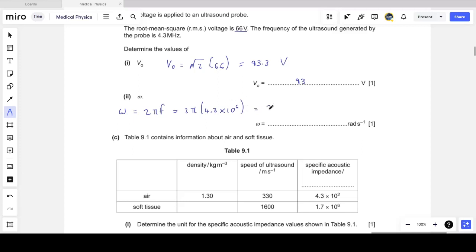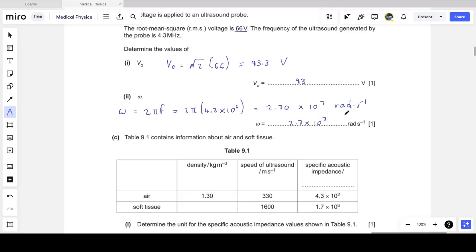And this gives us an angular frequency of 2.70 times 10 to the power 7, and that will be in radians per second. So again, to two significant figures, this will be 2.7 times 10 to the 7 radians per second.